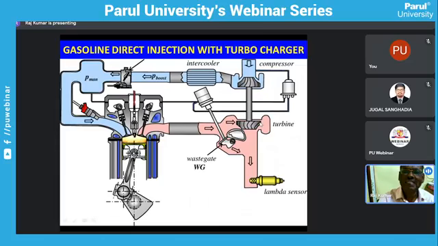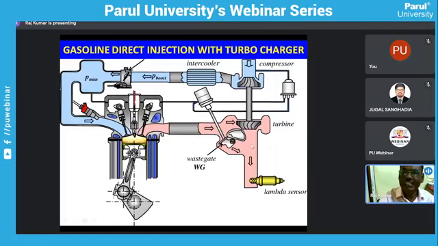This is the turbocharger: at one end the turbine is mounted, at the other end the compressor is mounted. The compressor will suck in the fresh air, it will get cooled, and the compressed air will go to the manifold and finally to the combustion chamber with pressure. So optimum charging of the cylinder will take place.